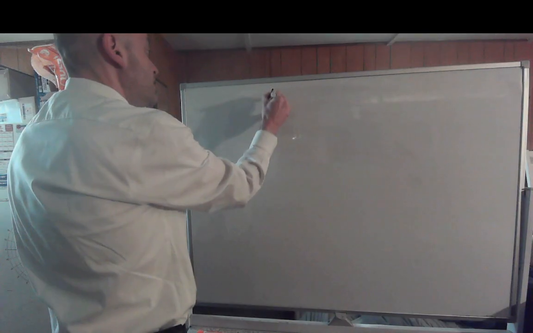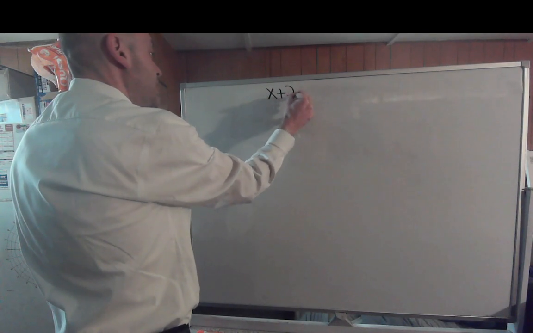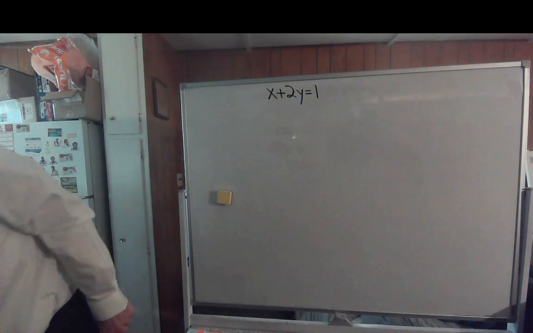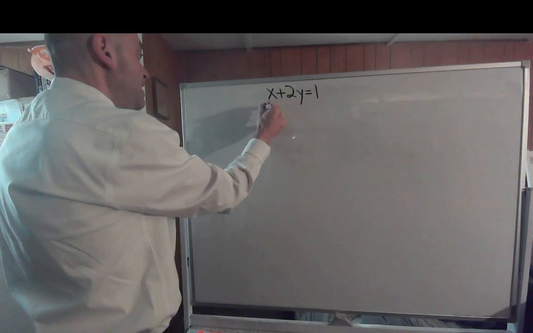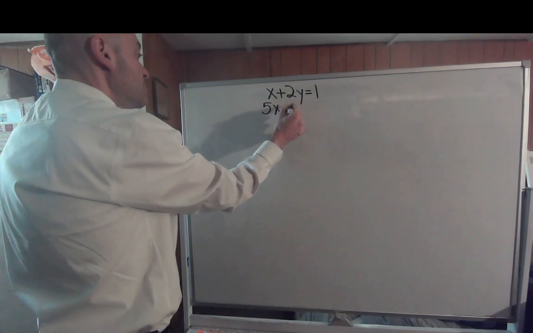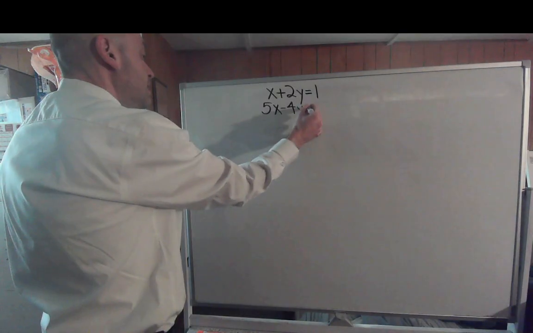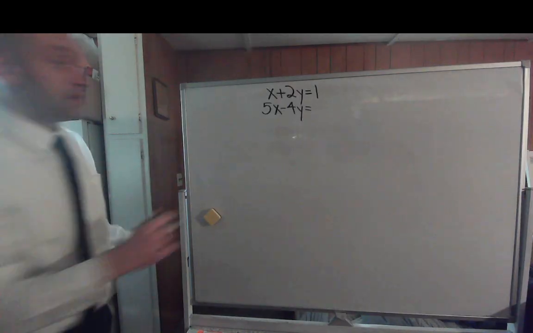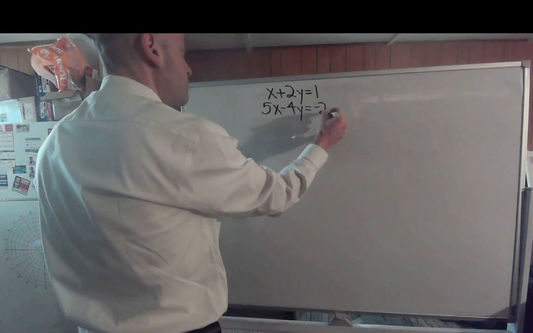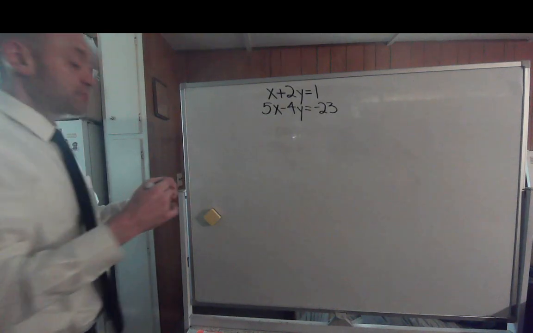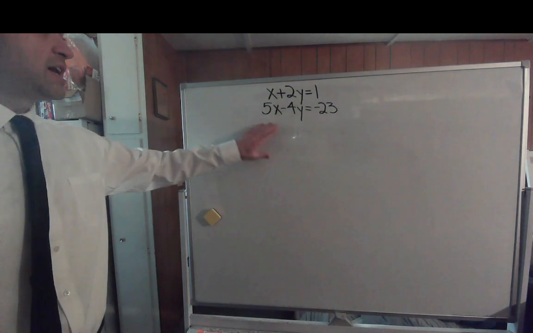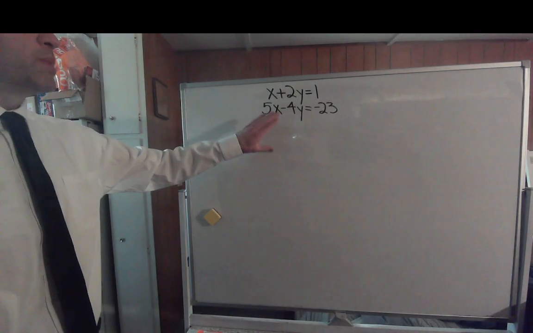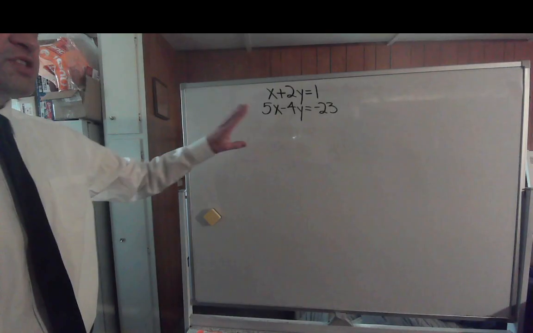Alright, so we have x plus 2y equals 1. Then we have 5x minus 4y is going to be equal to negative 23. So we have x plus 2y equals 1 and 5x minus 4y equals negative 23. We want to use the method of substitution.